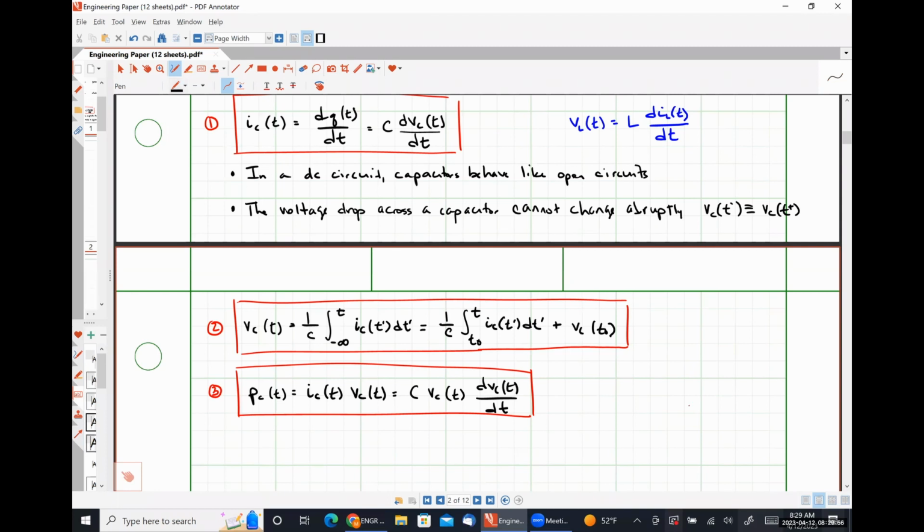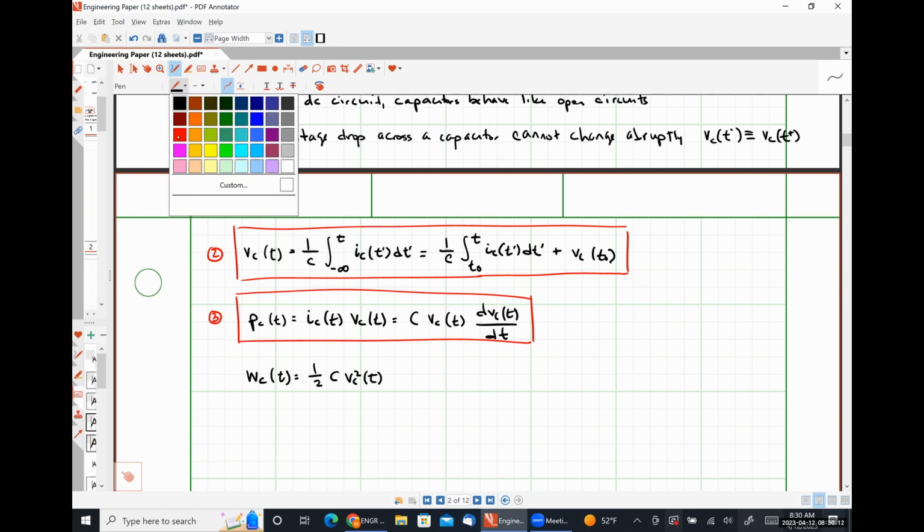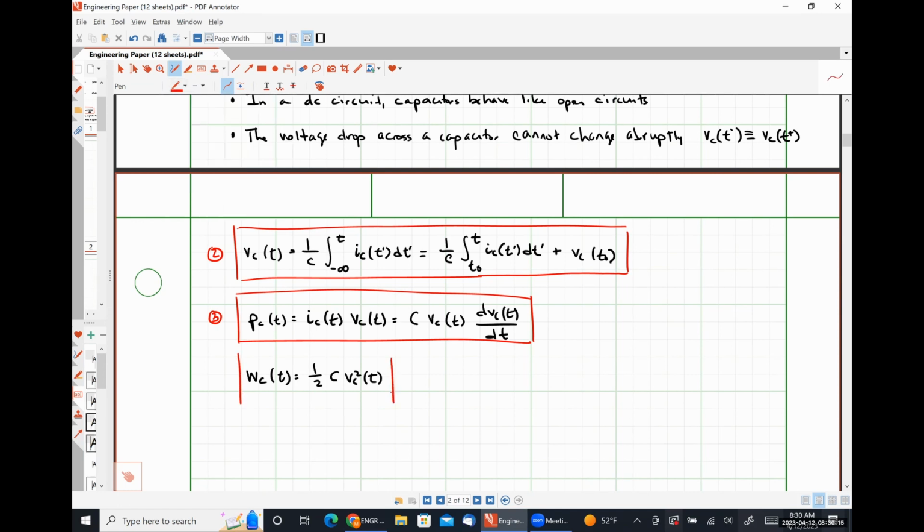And doing the exact same integration that we did last Wednesday, we can find that the energy stored by a capacitor is going to be given by 1/2 C times the capacitor voltage squared. So those are our 4 relationships. Not bothering to derive any of these last 3 because the derivation is literally exactly what I did last Wednesday.